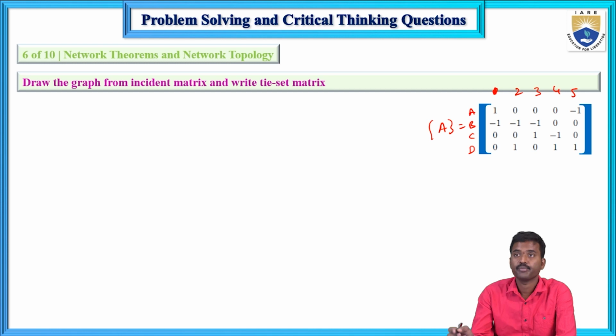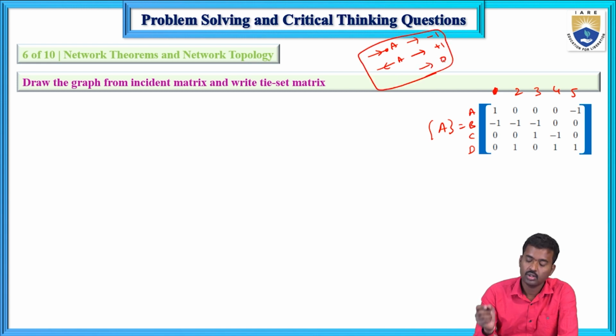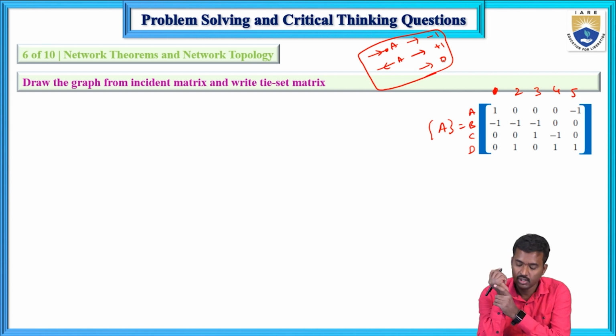Here in the incident matrix, if current is entering the node, suppose A node, take -1, and if current is leaving the node that is +1, and not associated is 0. So if you know this rule, then you can easily determine the incident matrix.